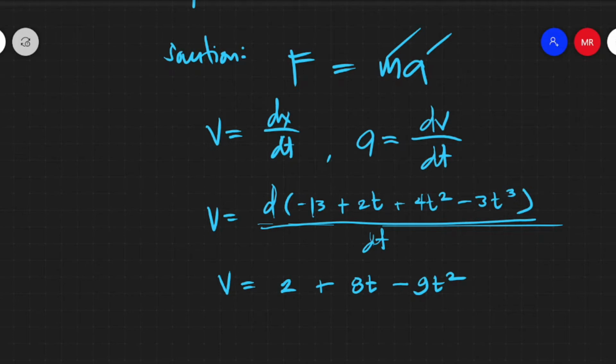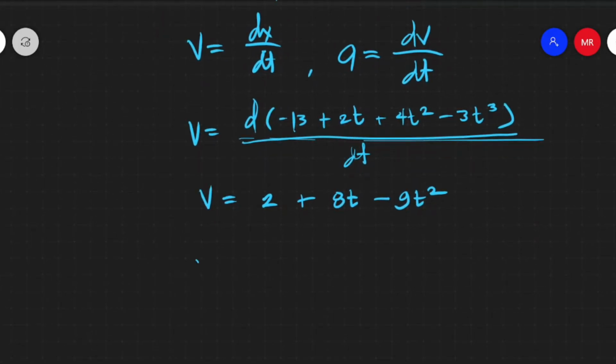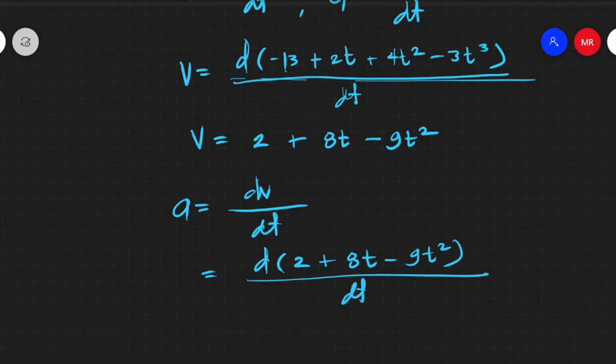For us to arrive at the acceleration function, we need to again apply differentiation on this velocity function. So acceleration is dv over dt, the derivative of the velocity function 2 + 8t - 9t² over dt.